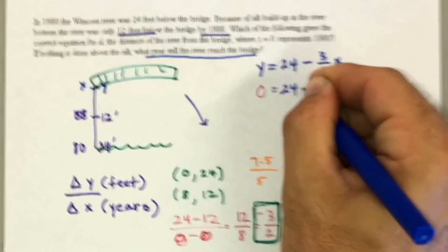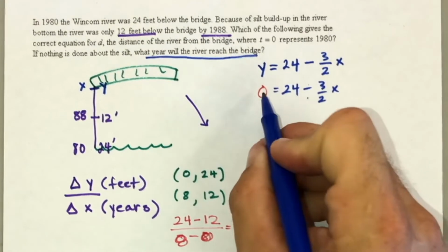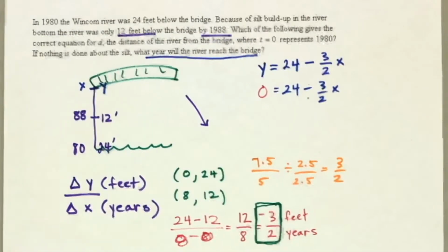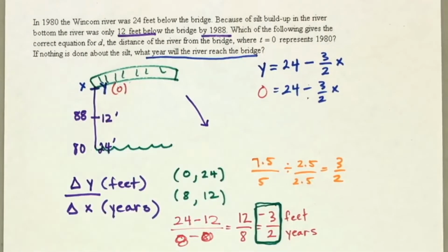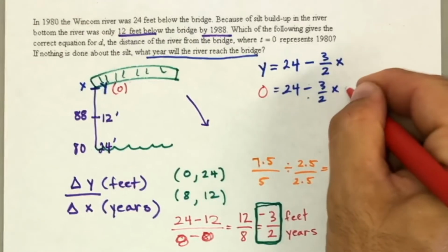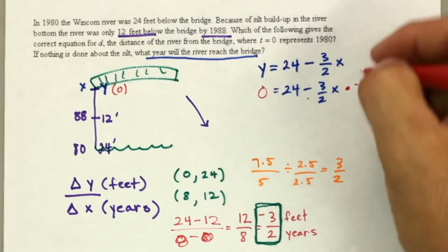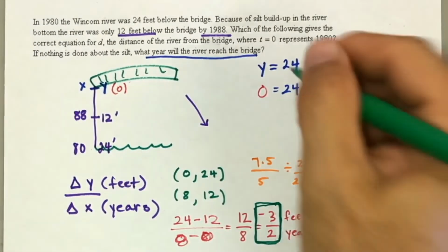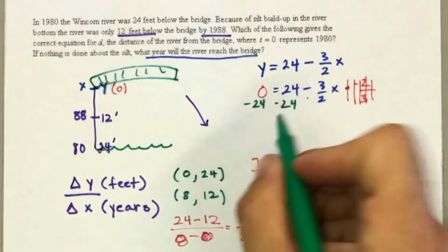And you're trying to figure out at how many years will my feet be 0. So what I've done was, if I substituted 0 feet in for my y, so I can solve for my x. And then what I want to do is get rid of this 24, or move this 24 to the other side.